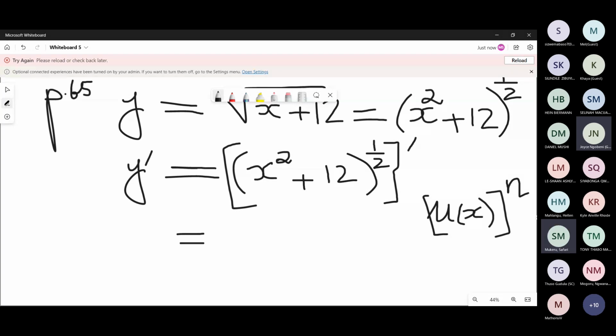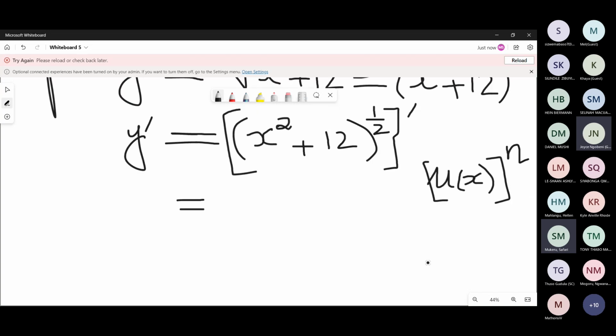Okay, good. So now we can see that this is like a power function, u of x power something. Now, how do you compute this derivative?